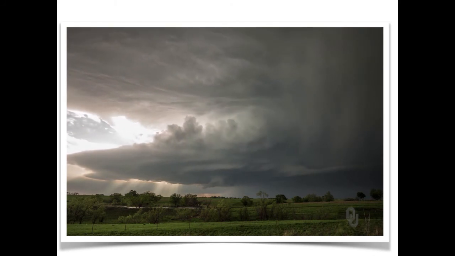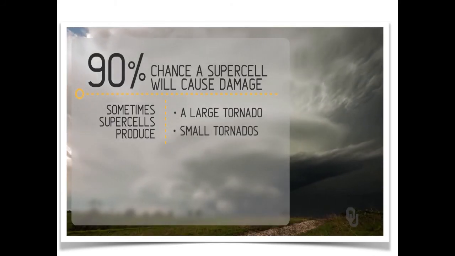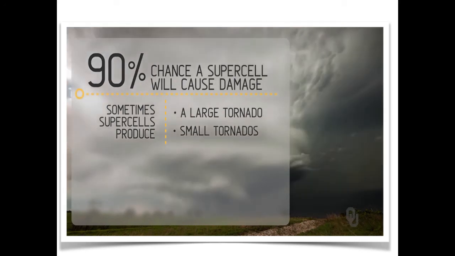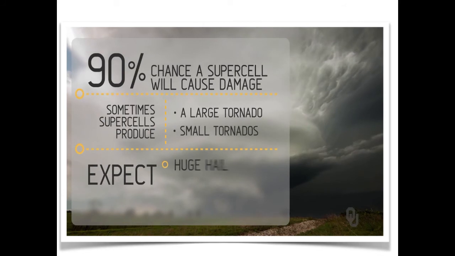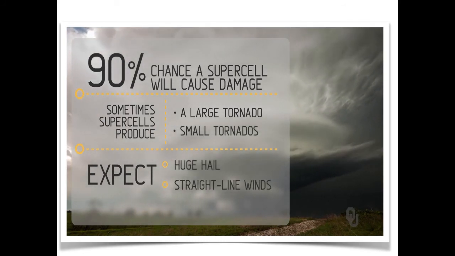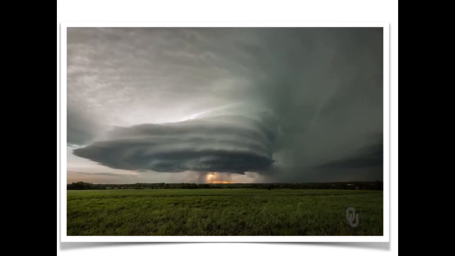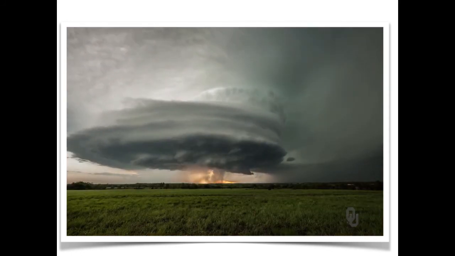Inside the thunderstorm, many thousands of feet up, it can produce a large tornado or smaller tornadoes, or one tornado, but more often than not, they will create damage with very large to huge hail and strong damaging straight-line winds. This is a terrific video of a storm creating its own miniature.